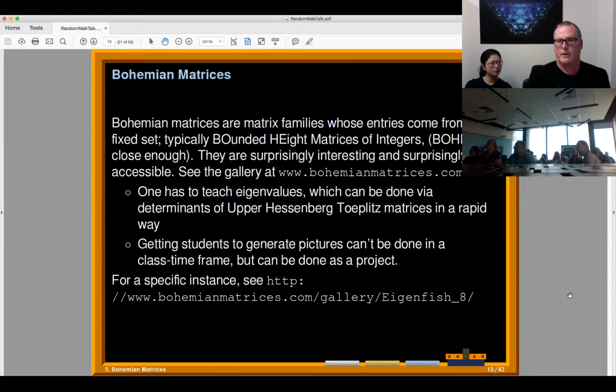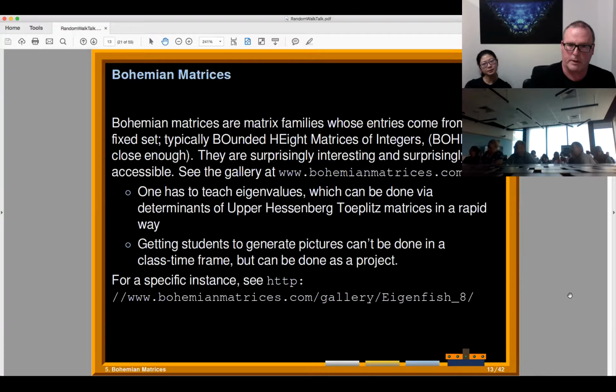Some of the first pictures of circulant matrices were generated by an undergraduate student, and so on. I really want to talk to you about Bohemian matrices, and I'm trying to bite my lips so that I won't. I'm just going to say, if you want to find out more about Bohemian matrices, there's a recorded talk linked under bohemianmatrices.com. And we can just look at one more of the pictures from there.